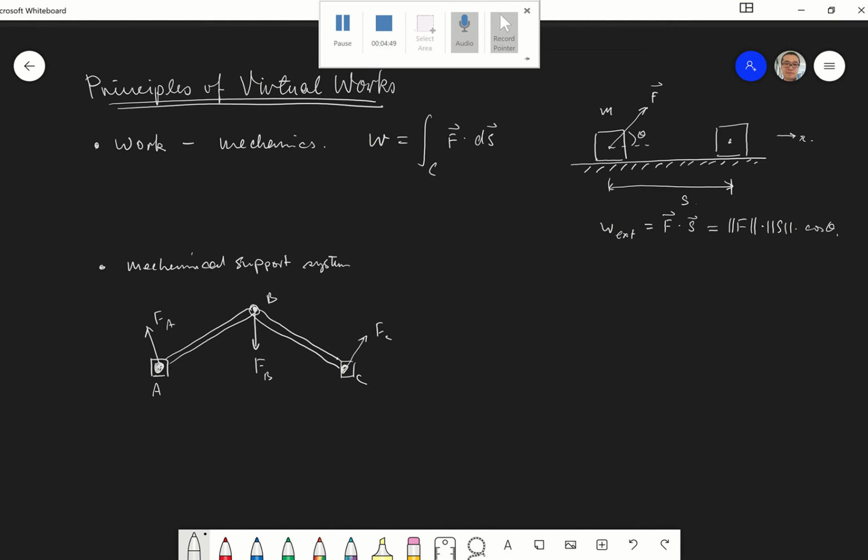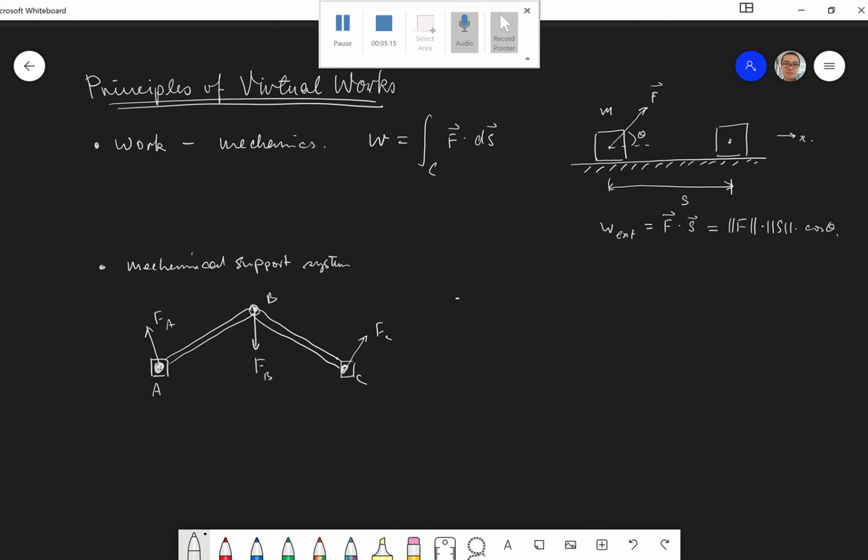But the system is in equilibrium, so there's actually no work done to the system because the system is not moving, right? So you can use the balance of forces to say all these forces are balanced, which we know, but that's not helping us to work out what the actual deformation in this system is going to be, right?